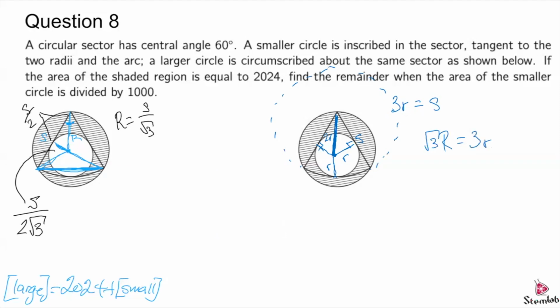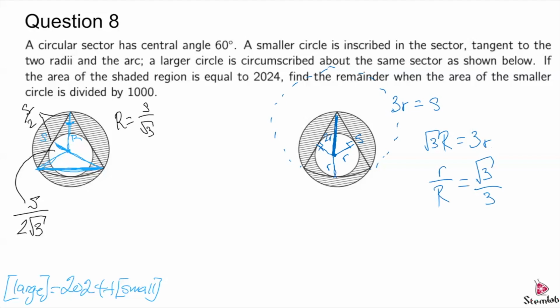So we have a ratio now: small r over big R is equal to root 3 over 3. As we mentioned a while ago, the ratio of the areas of the two circles should be the ratio of the squares of the radii.